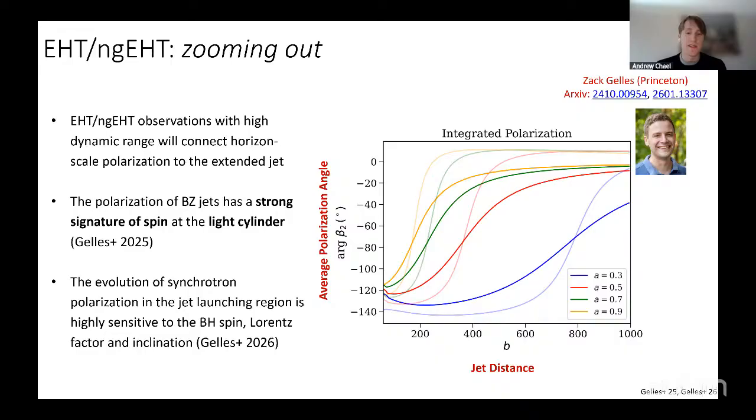And what he's found is that he sees a strong signature of the polarization of these jets at the light cylinder radius, so basically where the fields are co-rotating at the speed of light. And you can track out the evolution of polarization not just at one radius like we're measuring with the EHT, but by going out to hundreds of thousands of gravitational radii, you're actually able to see this characteristic swing upward in polarization, and that swing is highly dependent on the black hole spin, because this light cylinder becomes closer and closer to the black hole as it spins up.